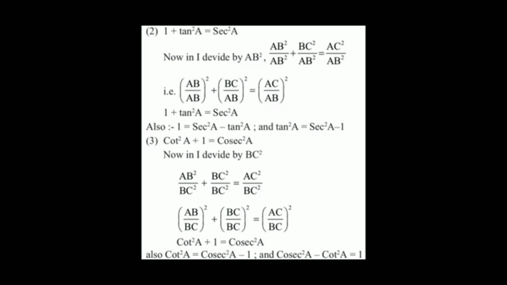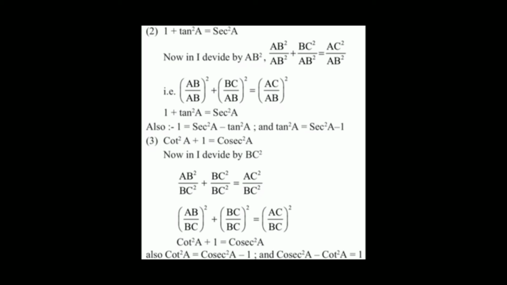Writing the square once, we get AB by AB whole square plus BC by AB whole square is equal to AC by AB whole square. And from the diagram, we get the desired ratios as AB gets cancelled, it is 1 plus BC by AB is tan A, AC by AB is secant A.